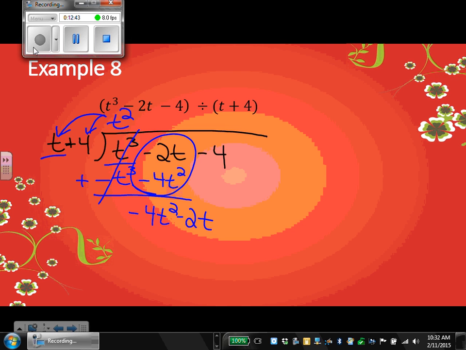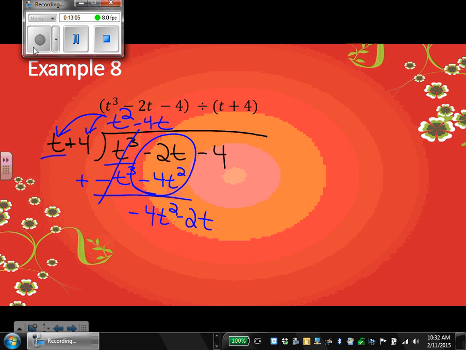What else do I need to match that? How many more t's do you need? I need 2 here. I've got 1. So I need 1 more t. Do you agree with that? I need a t. And I also need a negative 4.